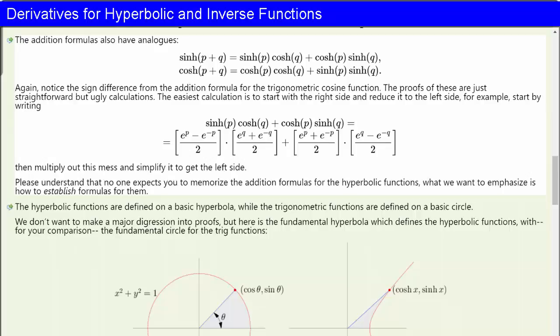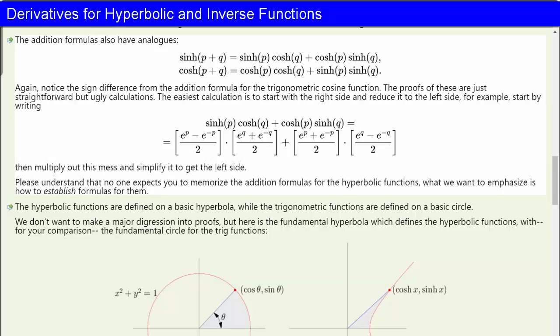The proofs of these formulas are quite straightforward, but very ugly. The easiest calculation is to start with the right side and reduce it to the left side. For example, start by writing sinh p cosh q plus cosh p sinh q, which is equal to an enormous product and sum: the difference of the exponentials over 2 times the sum of the exponentials over 2, plus essentially the same thing again. Multiply out this mess and simplify it and show that you get the left side.